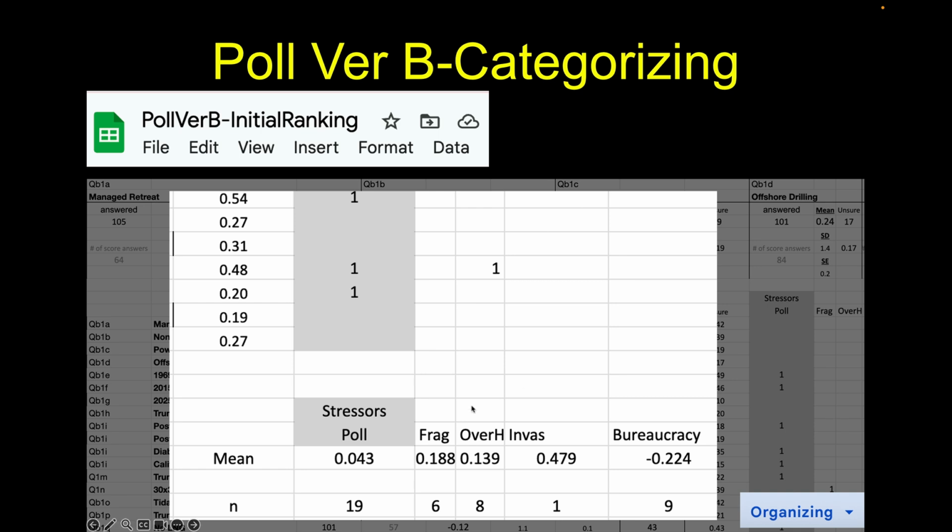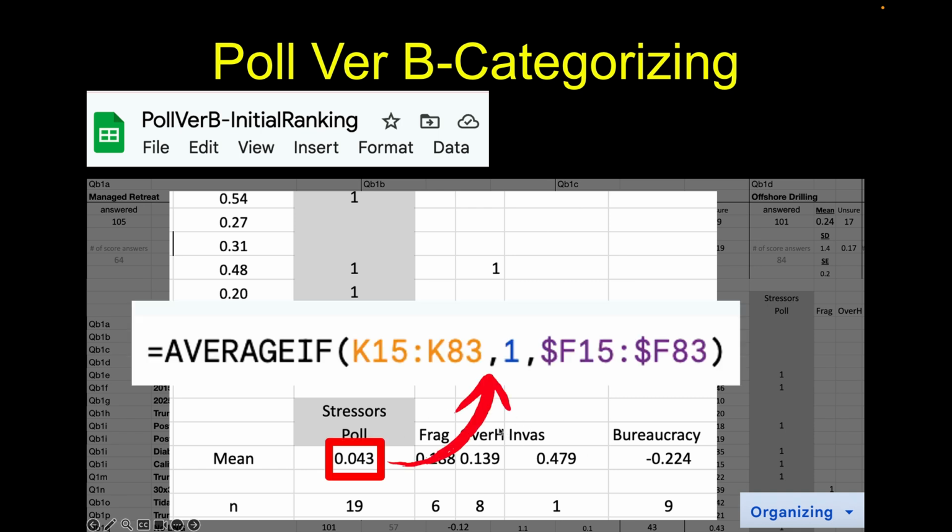And so with that, for example, if we look at our stressors here, you just see the formula I use to calculate this. And so that's telling us that on average, for folks that said that pollution was a challenge, or for questions that were involving pollution, that on average they were scoring about 0.4 in terms of the positivity of that management action.